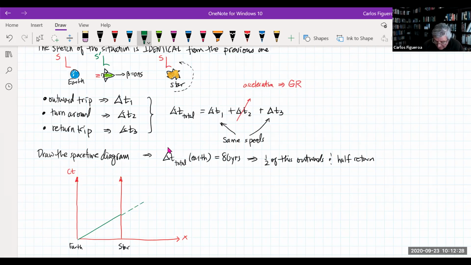So what I'm seeing here is my rocket frame now. My rocket is moving along here, at some beta along this frame of reference. And what we know here is that it takes 40 years to go outwards. So when I look at the Earth's frame, this must be 40 years in the Earth's frame right there.